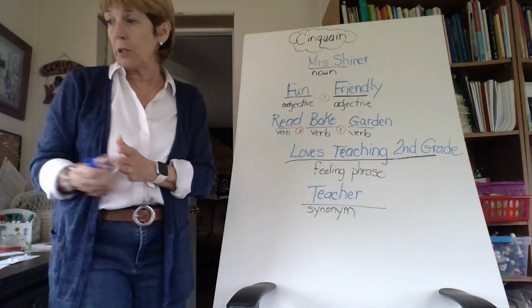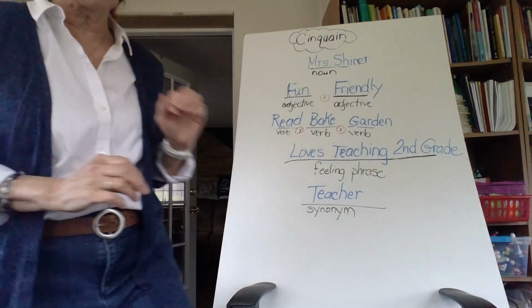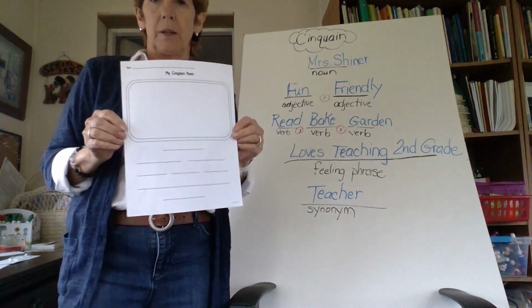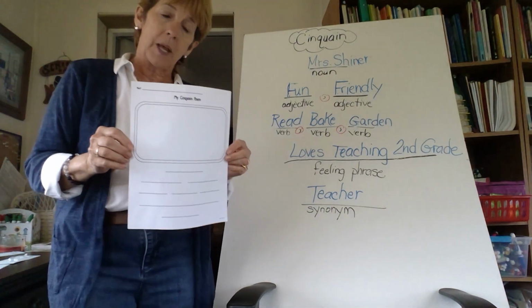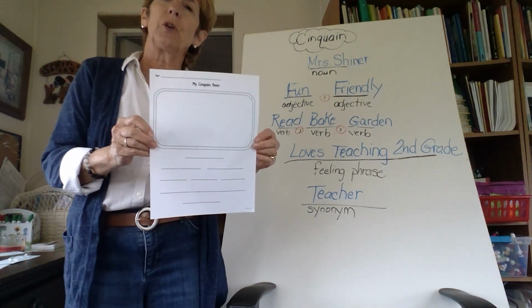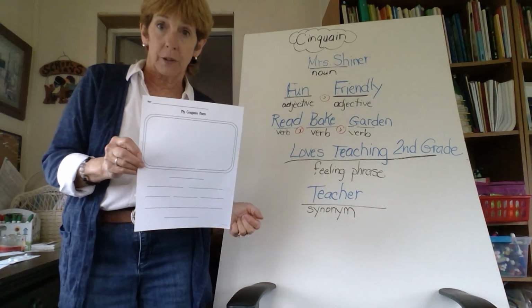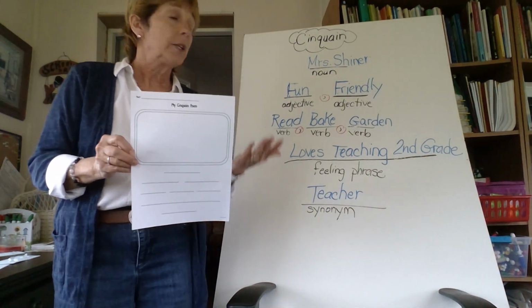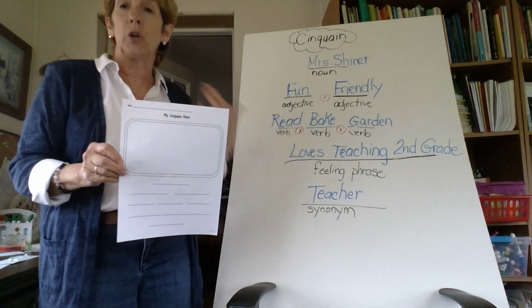So what you're going to do now, boys and girls, is you're going to try your own. You have this template, include it with your lesson, and what I want you to do is do yourself. Just like Mrs. Shiner did me, you're doing you.